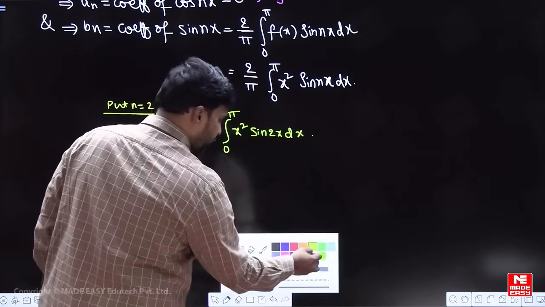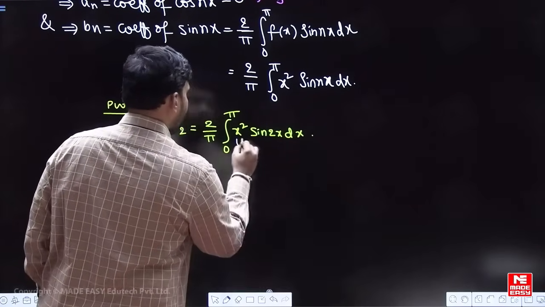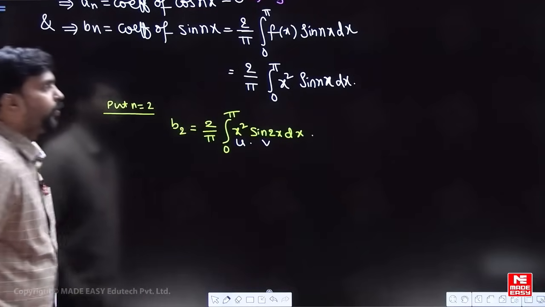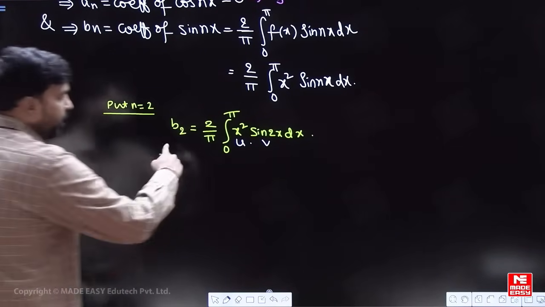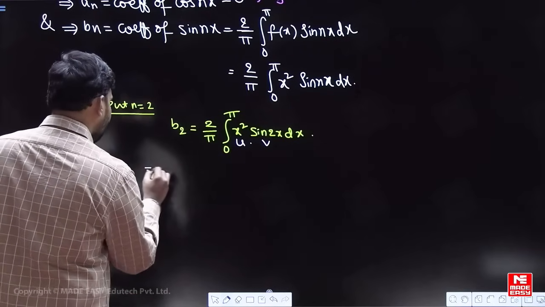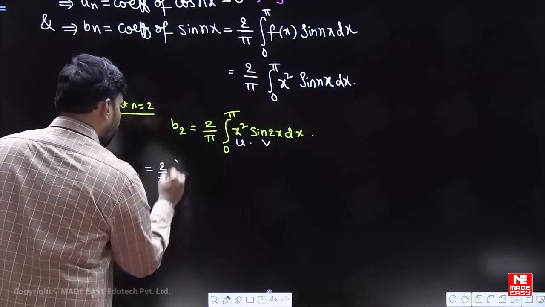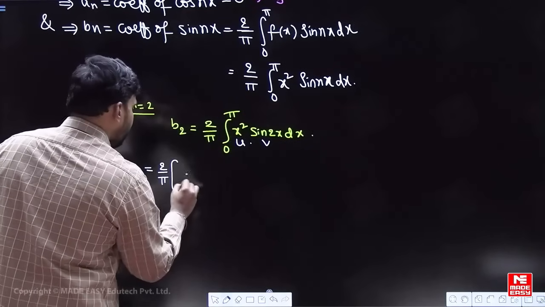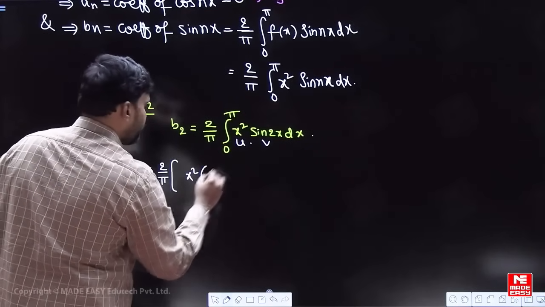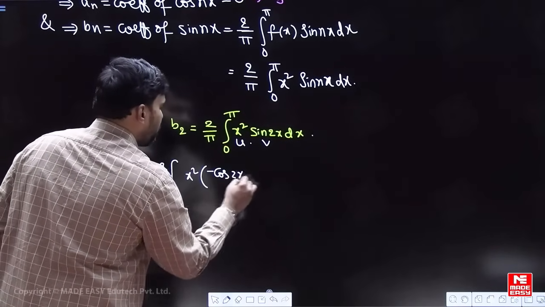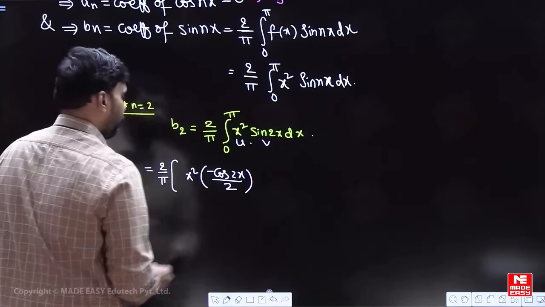So now look, we have to do the integration of u into v here. I hope everyone knows the formula. So x square is as it is, and the integration of sine is minus cos 2x by 2, right?